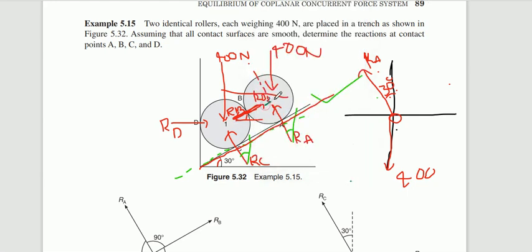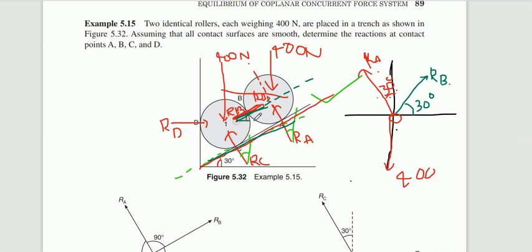Then RB, just observe RB. RB is coming into the first quadrant, so you can write RB here. What is the inclination of RB here? 30 degrees. With respect to which axis? The x-axis, because our RB is here and it is parallel to this plane.